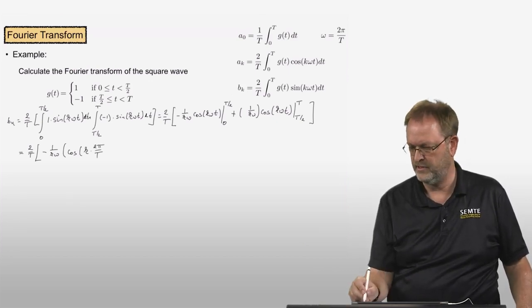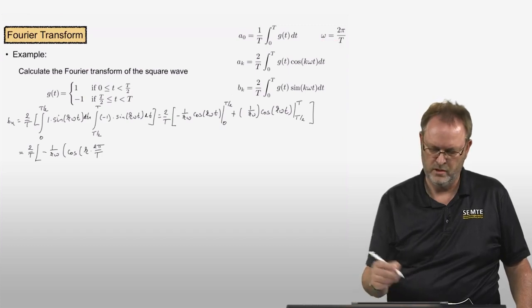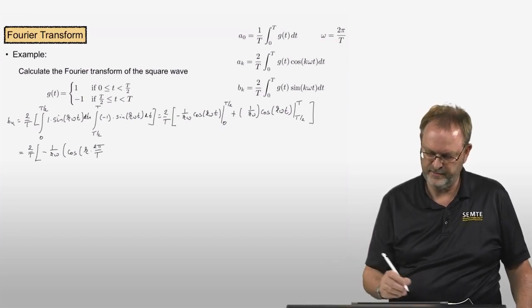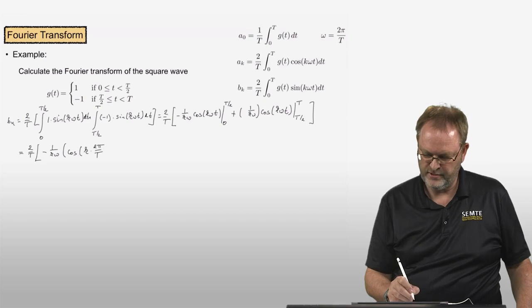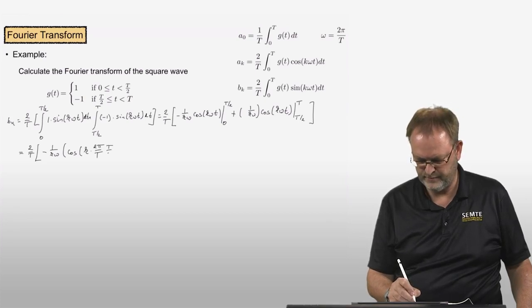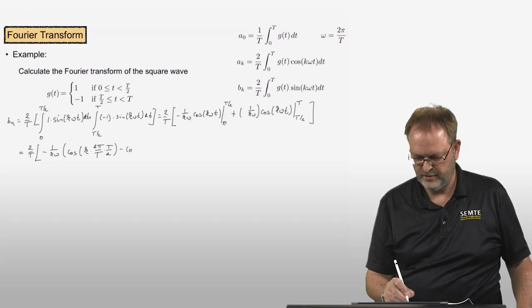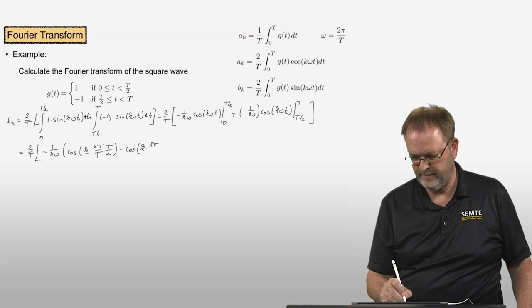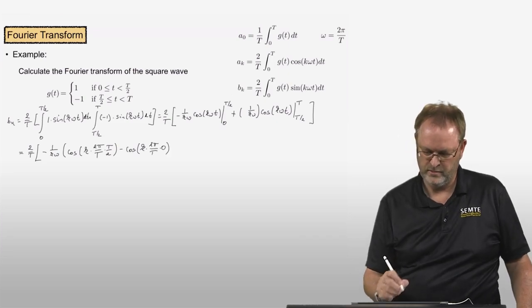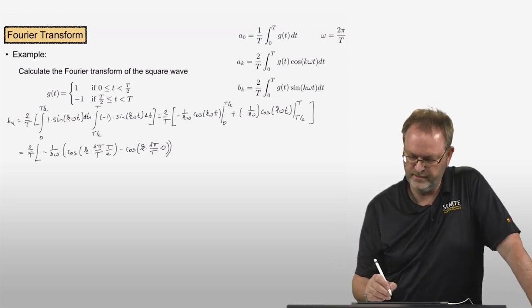That comes from up here. So 2 pi divided by T times the upper bound, that's T over 2. Okay, and then minus the cosine of k times 2 pi divided by T, that's the omega, times 0. Okay, that's the first integral.